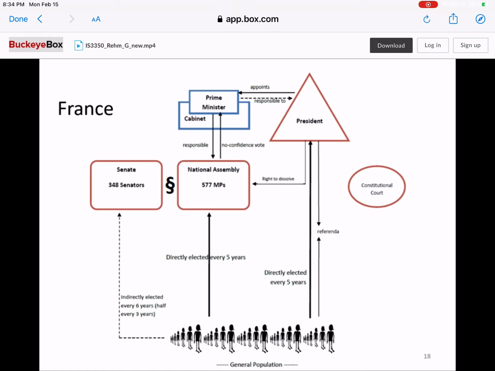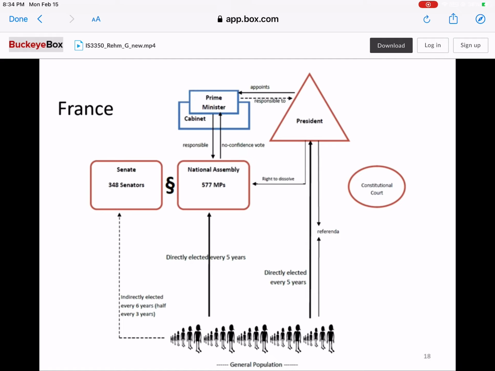And it can be uncomfortable because you are in one of two scenarios. Either the president's party has a majority in the National Assembly, in which case the prime minister's election is pretty straightforward because the president suggests someone from his party as prime minister, and the National Assembly is going to be happy to not fire this person.